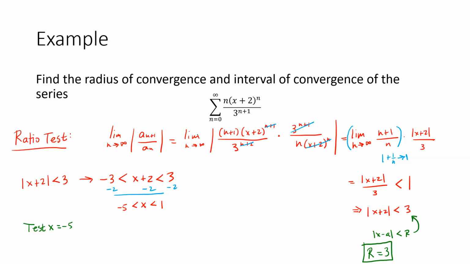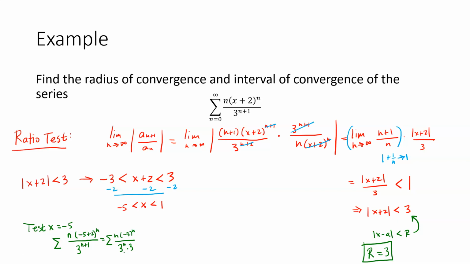And I'll test it by plugging x equals negative 5 back into the original series. So we got n times (negative 5 plus 2) to the n over 3 to the n plus 1. Let's see how this simplifies. So we have n times (negative 3) to the n over, notice 3 to the n plus 1 is 3 to the n times 3.